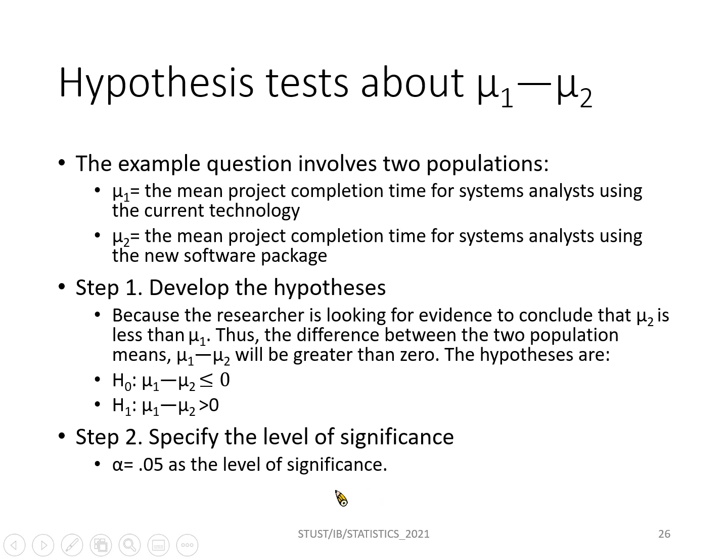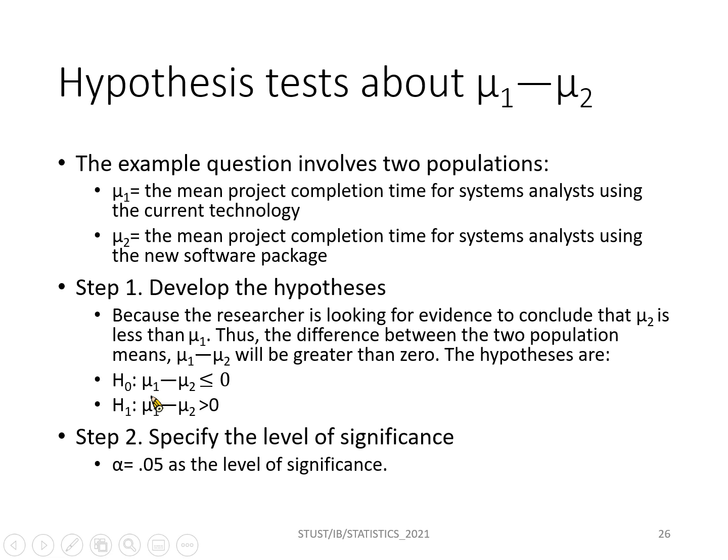So we will build our hypotheses. The null hypothesis is that the difference is less than or equal to 0. That means the current technology may have a shorter completion time than the new package.